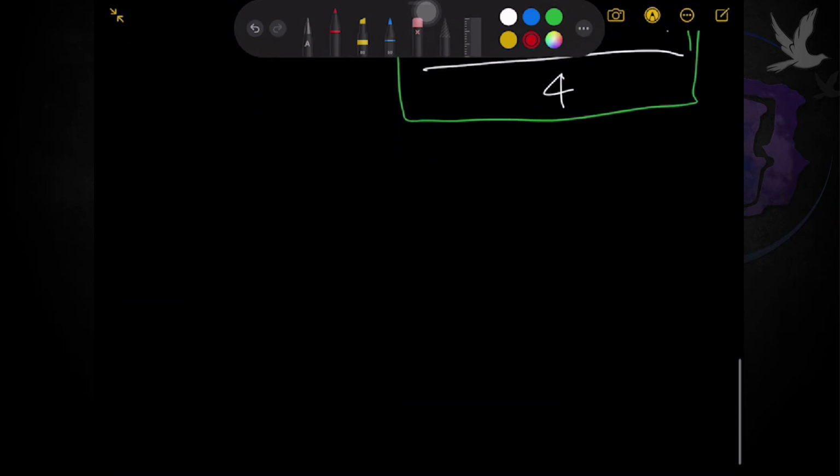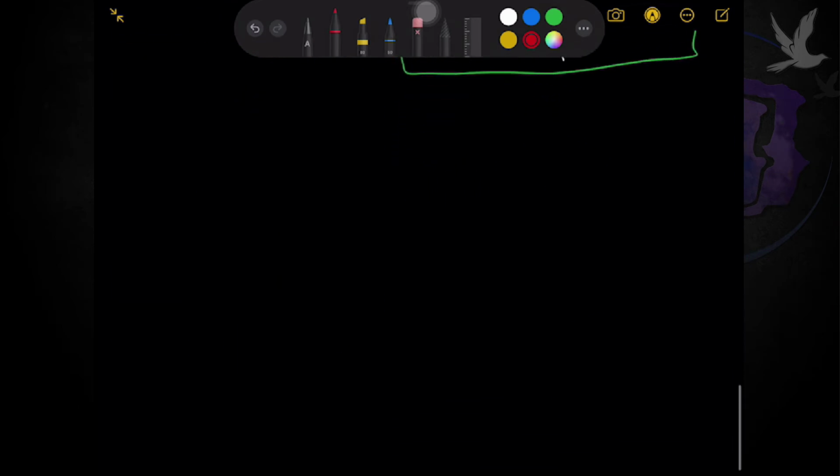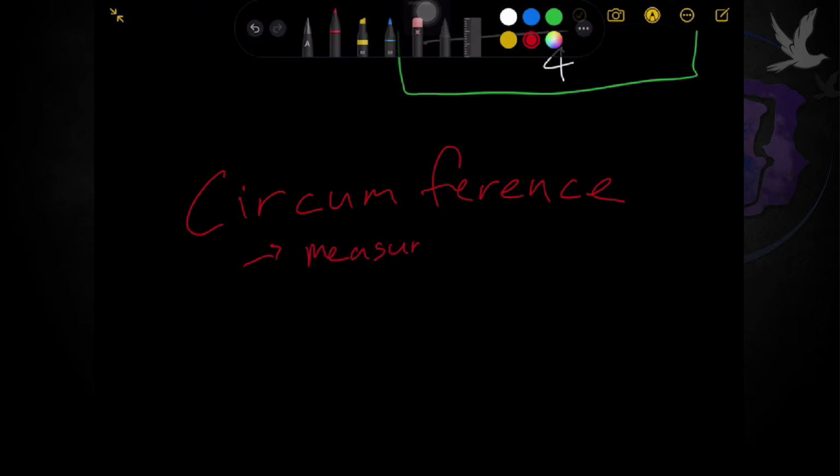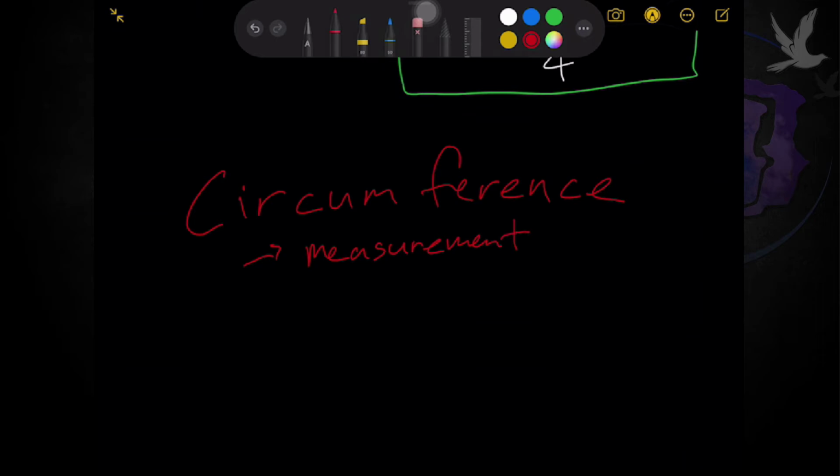Now, paano naman kung circumference ang pinag-usapan natin? Okay? Paano pag circumference? Okay. Now, circumference naman ang pag-uusapan natin. Defining circumference, this is the measurement around the circle. Okay.